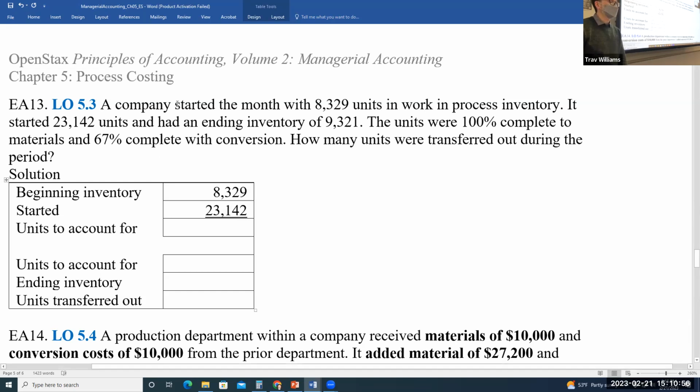So you've got to be a little careful here. They say they started the month, so that means they already had it. And then they started new units. So they used "started" in two different ways. The first one was beginning, the second one was what was added. And then their ending is 9,321 units.